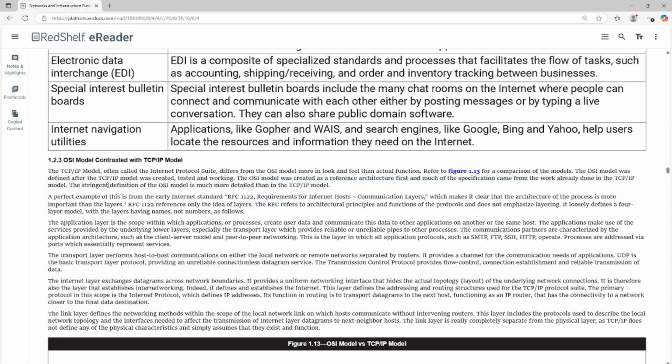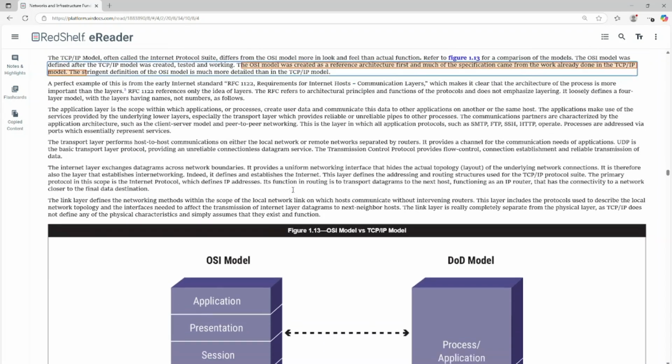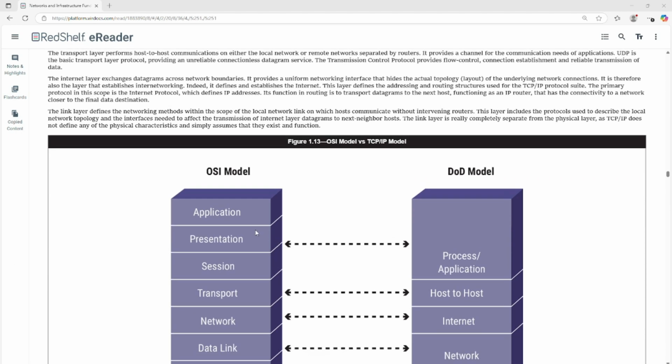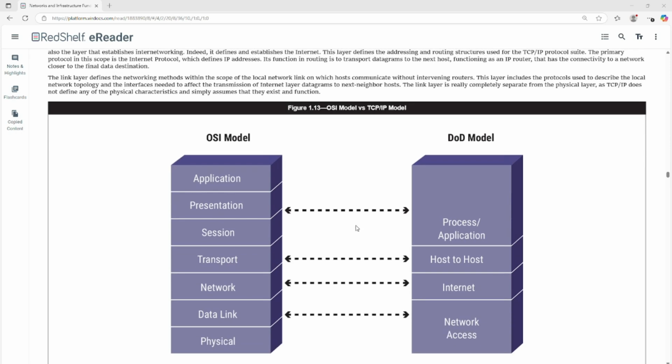And as well, the stringent definition of the OSI model is much more detailed than in the TCP/IP model. Those are some of the things you have to take note of in the differentiation. Also, the OSI model layers are numbered, while the TCP/IP model layers are not numbered.